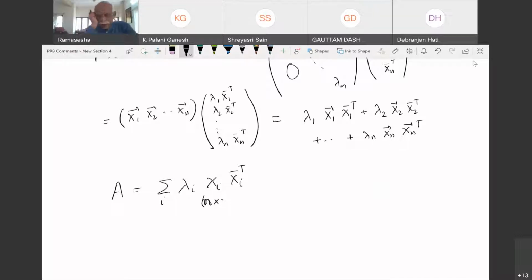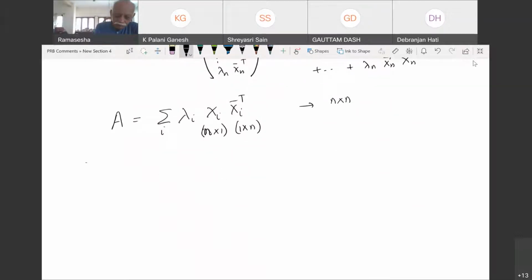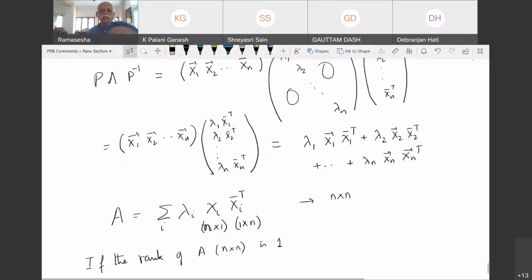Okay, so if the rank of a matrix is 1, what can you say about the eigenvalues? How is xi becoming n cross 1? You see, xi is a column vector, right?